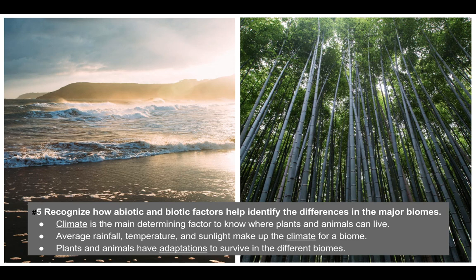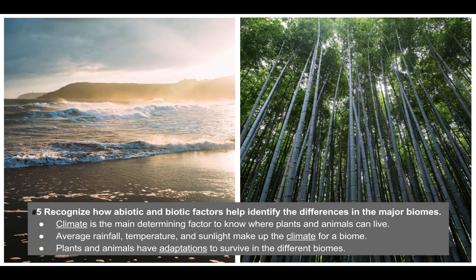A shark can't live in our biome because it hasn't adapted to live in our biome. So all of those things help us to recognize how a plant and animal can live in certain biomes.